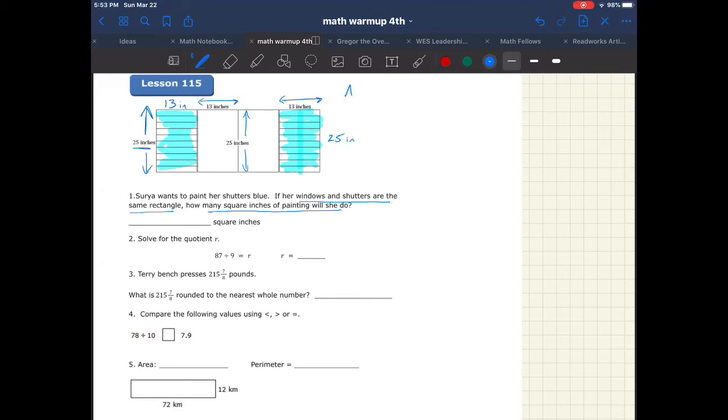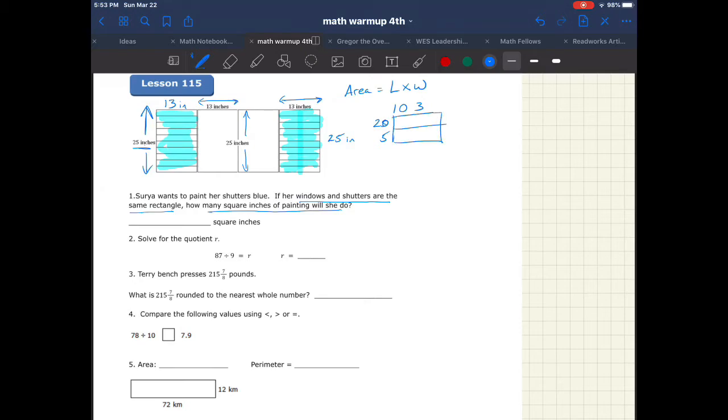So to find area, we always just have to multiply the length times the width because we want to know how many squares there are in there. In this case, there are 13 squares by 25 squares.